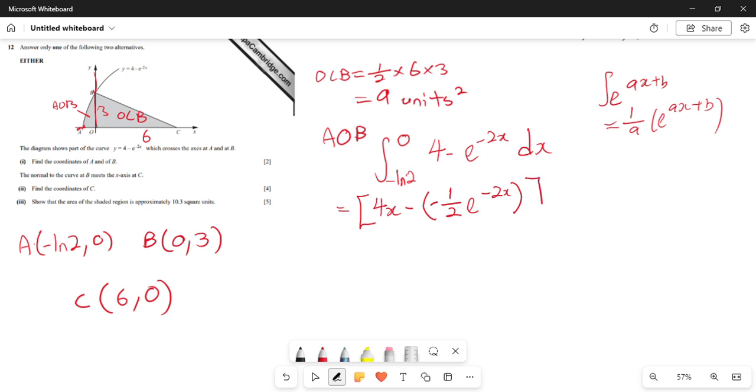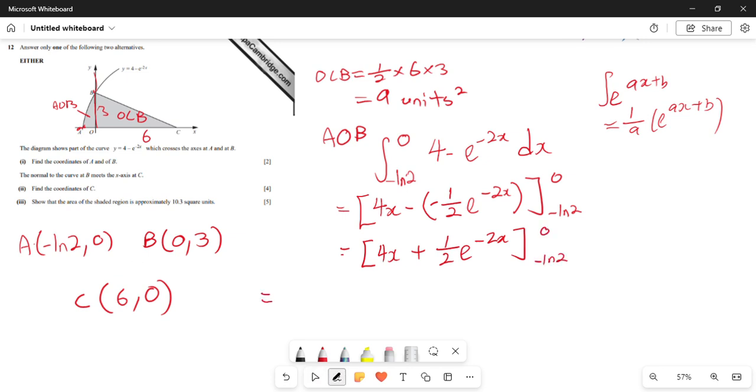This will be a bit long. Then just rewrite the boundaries, the limits. So you simplify this, you'll get 4x plus 1 over 2 e negative 2x, from negative ln 2 to 0.